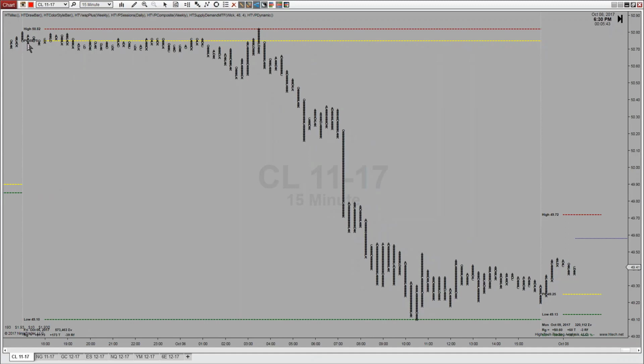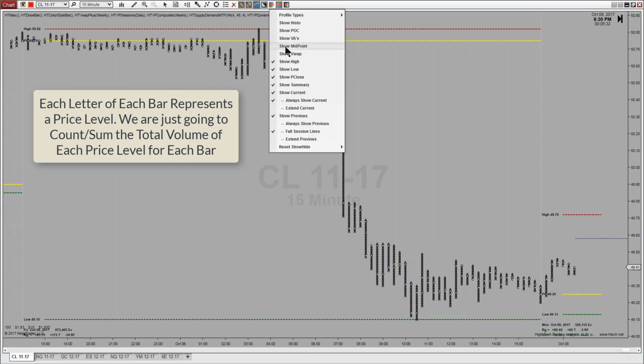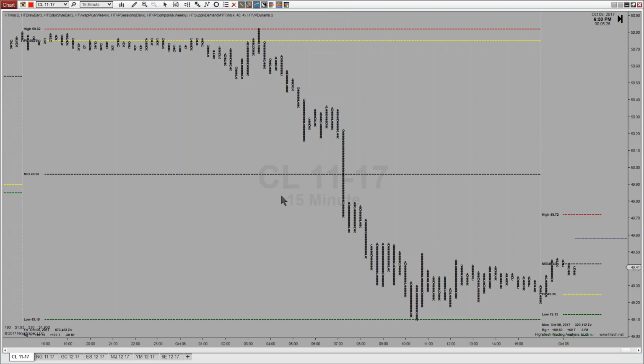This is the first bar of our session for the day, and this is where we start counting our high and our low. I usually show the midpoint of the day as well. It's just another point that I look at. So I have the high, the low, the midpoint of this day, and now I'm starting a new day.